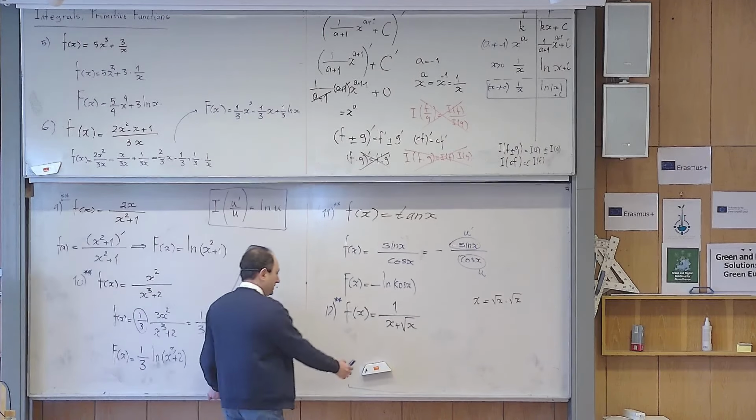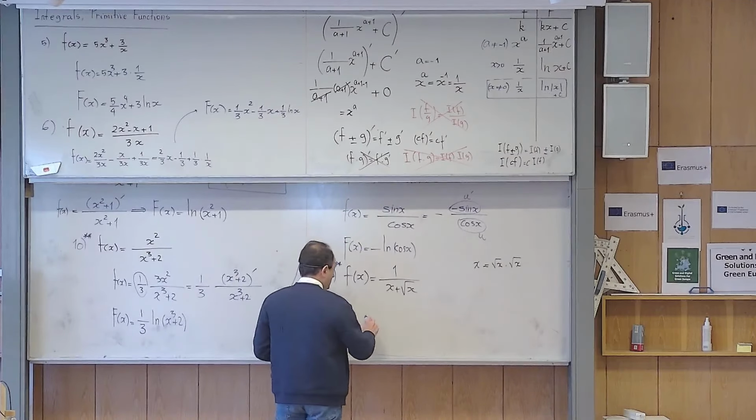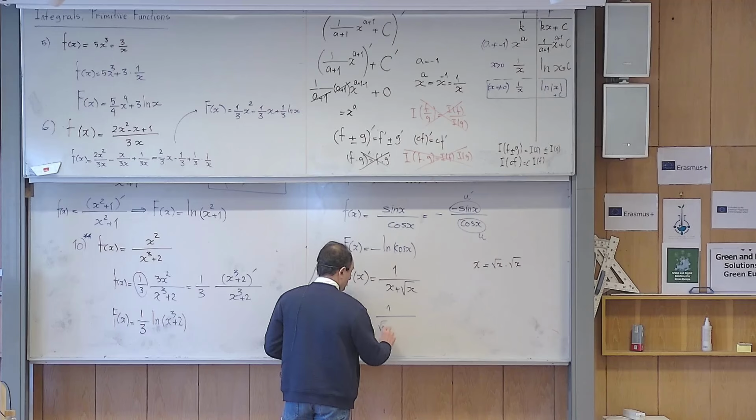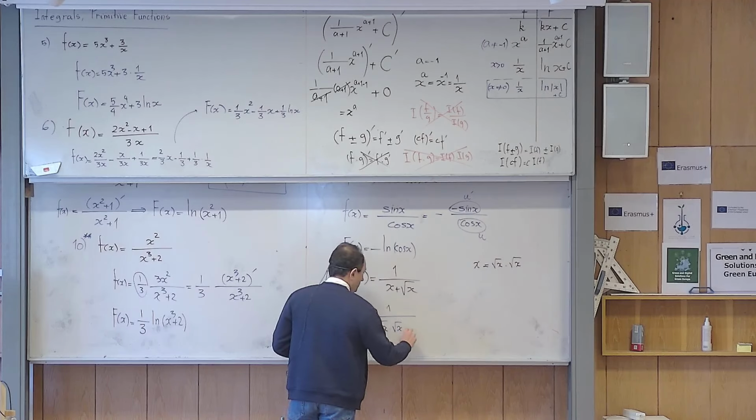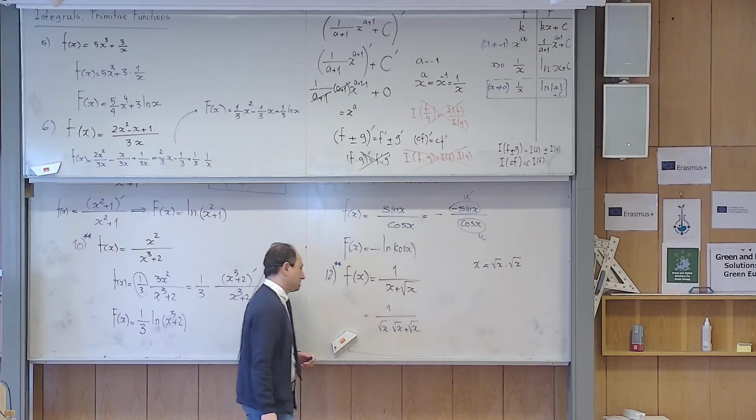How this will help me, let me tell you. So this becomes 1 over square root of x, as I told you. But why do you think this might be a good hint?